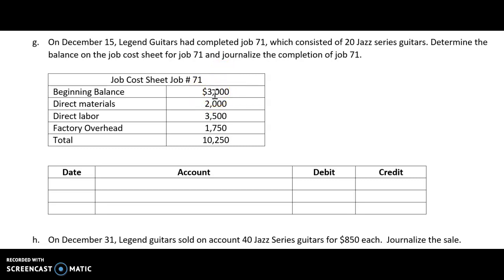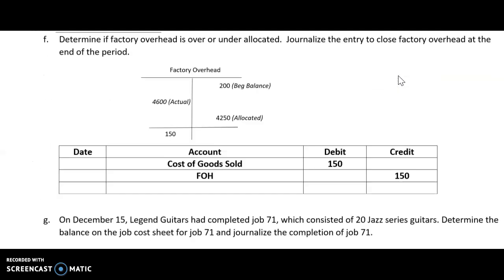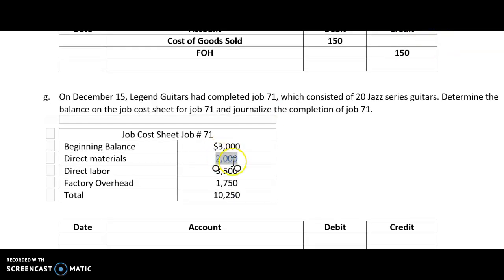Now let's see how much direct material we put into job 71. If you go back and look, even though I've filled that out already, 2,000 of materials were for job 71. So that's where the 2,000 came from.